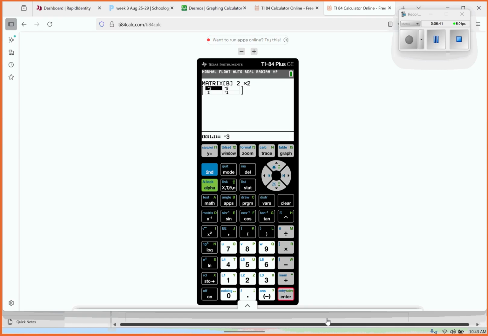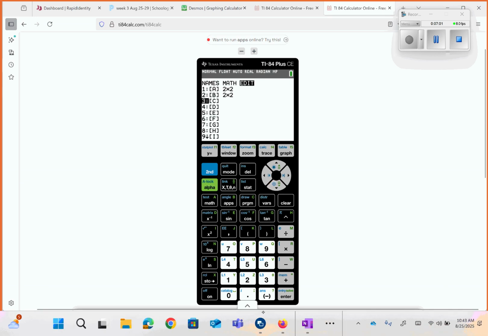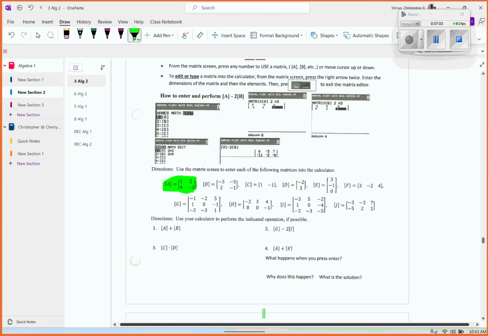Okay, can I move on? So what was the next step to get out of the matrix? Second mode or second quit. So it still lives there. You're going to go back into matrix. And now I have 2 of my matrices living there. So I want to edit number 3. And number 3 is letter C, a 1 by 2.